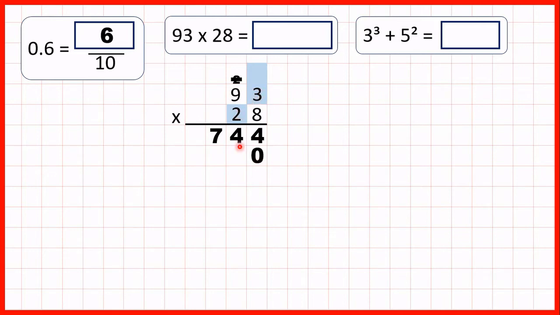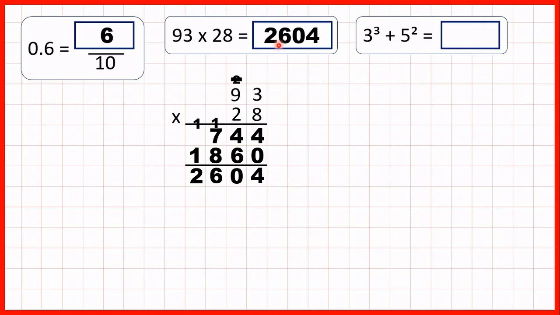Now 3 times 2 is 6, 9 times 2 is 18. So we can add up our answer lines. 4 plus 0 is 4, 4 plus 6 is 10, so 1, 0. 1 plus 7 plus 8 is 16, so 1, 6, and 1 plus 1 is 2. So our answer is 2,604.